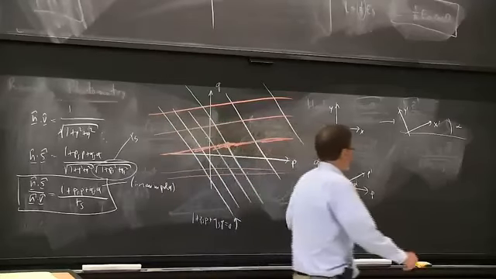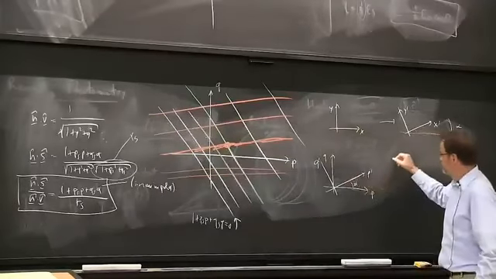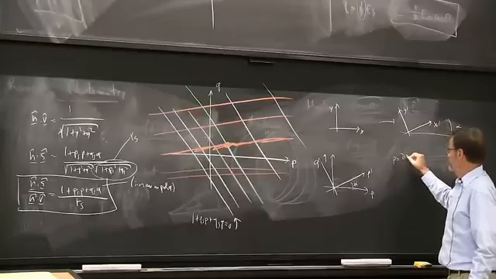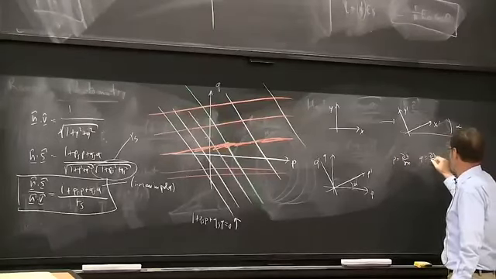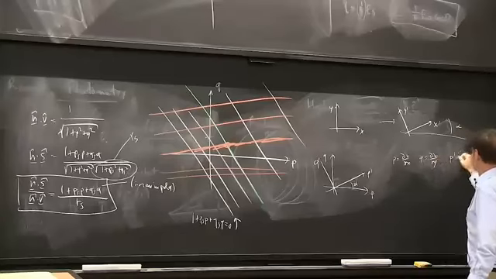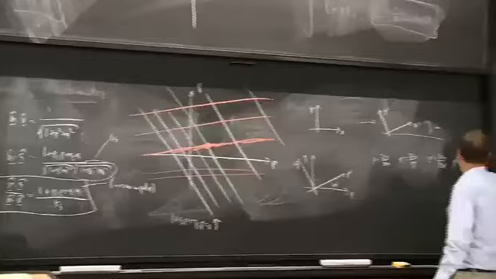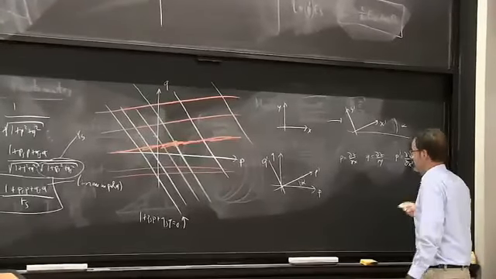I'm just stating this, I'm not proving it, but you can prove it, keeping in mind that P is dz/dx, and Q is dz/dy, and P prime is dz/dx prime, and Q prime is dz/dy prime.